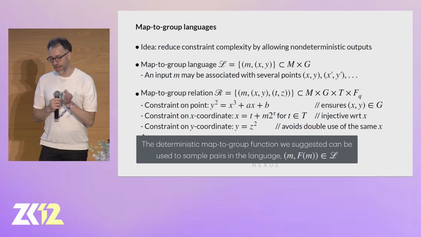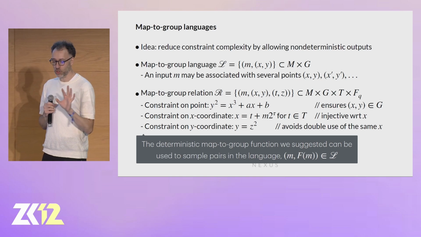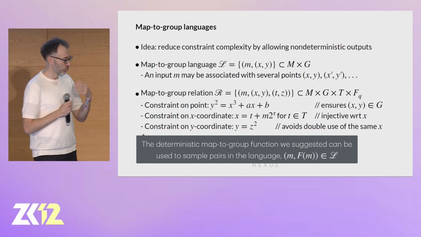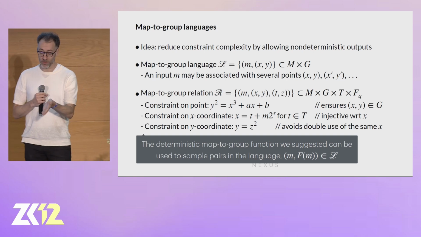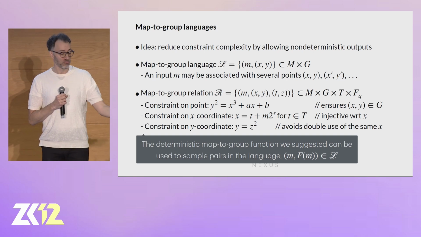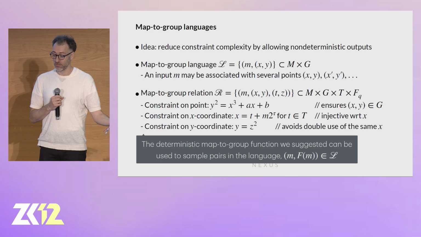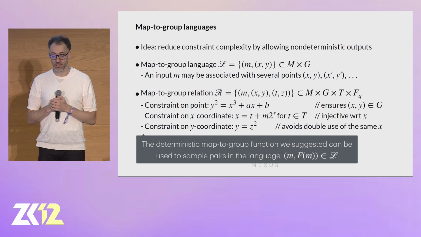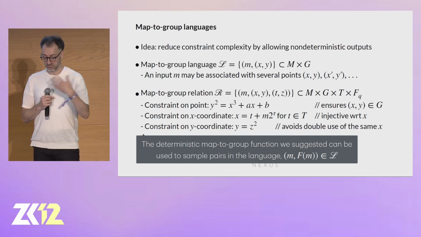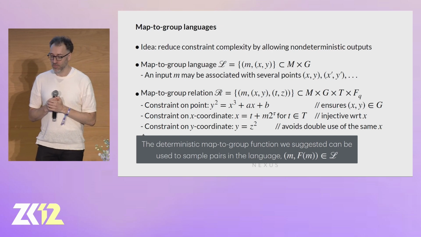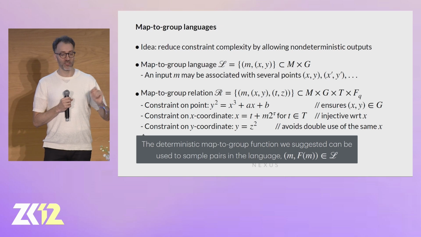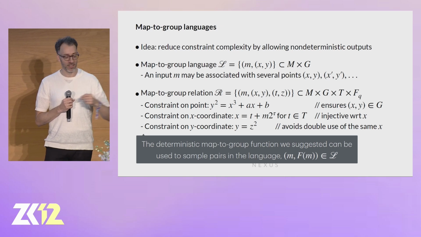So what are the constraints we need to ensure this? We need to make sure that x is something that matches a point in the group. We need to make sure that x is a valid x coordinate with this tweak. We need to make sure that the y coordinate is unique, so we cannot flip the sign.